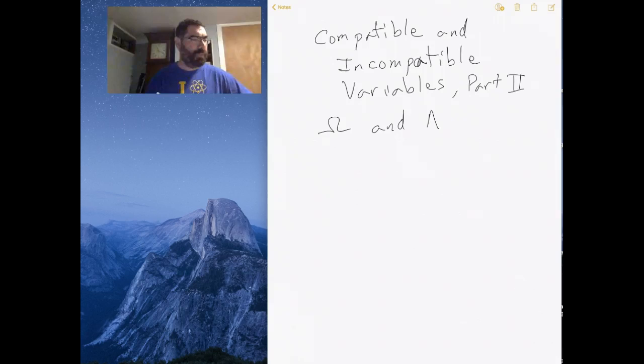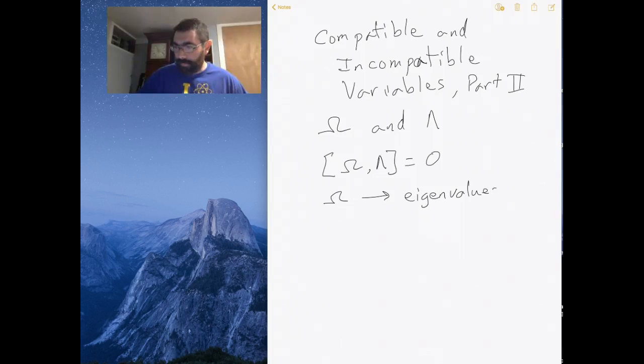So let's just say these two operators are compatible with each other, so their commutator is equal to 0. And let's say that this operator omega has eigenvalues of omega 1, omega 2, and omega 3.